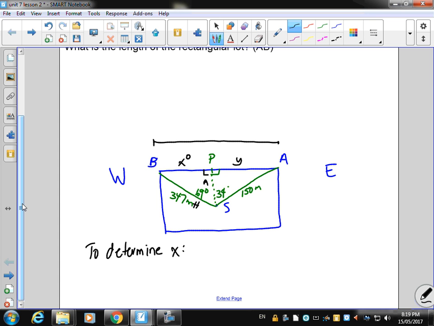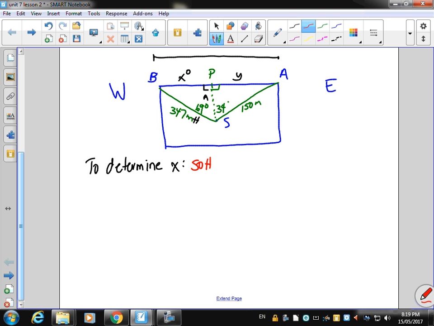I don't need to know the length of the adjacent side, so I want to know the trig ratio that uses opposite and hypotenuse. That's the sine ratio. So I'm going to set up a sine ratio for the left triangle. Sine of 69 degrees equals opposite over hypotenuse. For this one, that is x over 347.